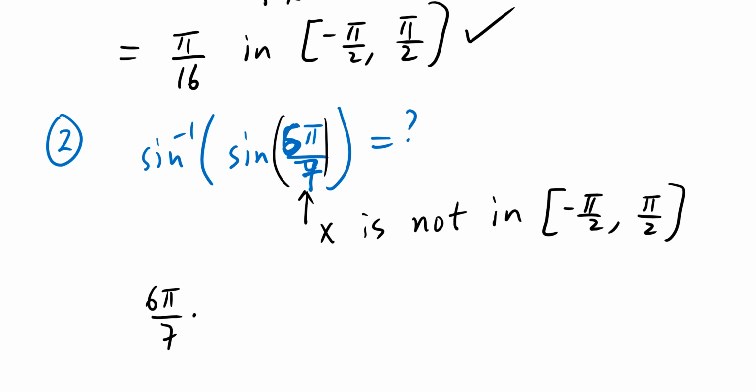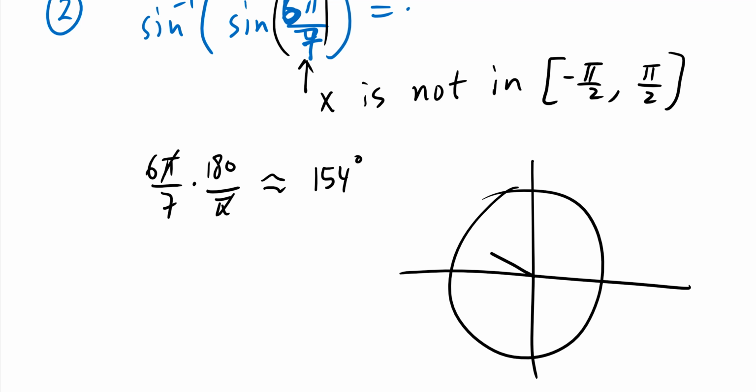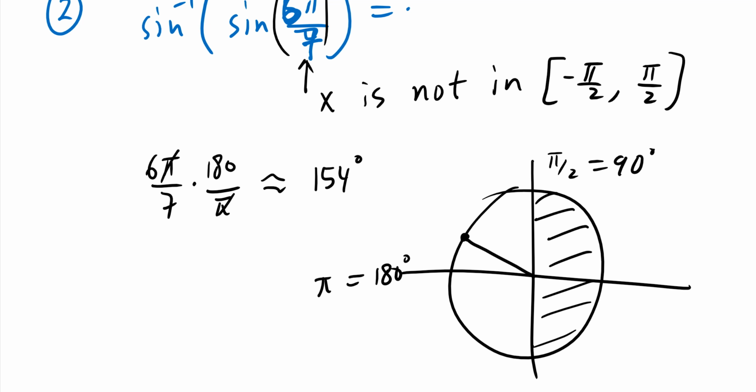Or you can multiply by 180 over pi to convert it, and it is about 154 degrees. That tells me this angle is in the second quadrant, because that's 180 or pi radians, and pi/2 or 90. We were hoping it's somewhere in here, but it's not. So this is the 6 pi over 7.